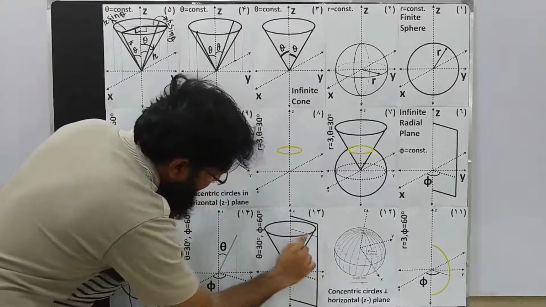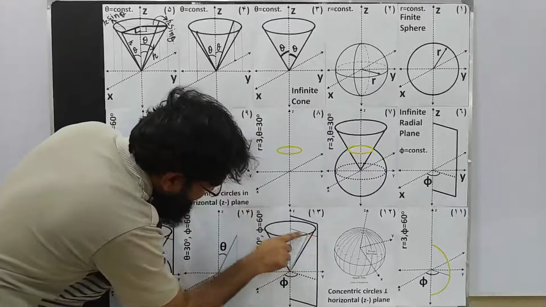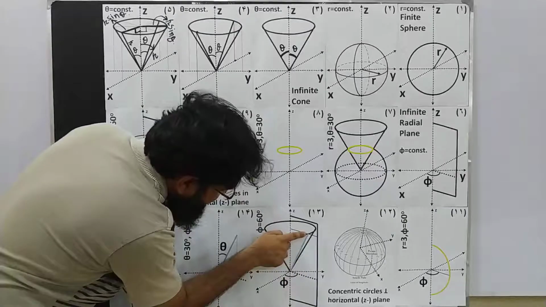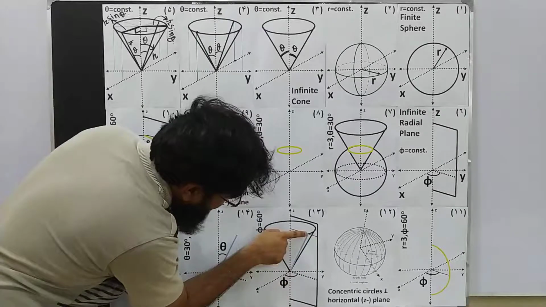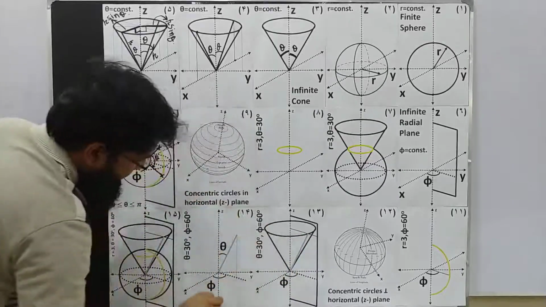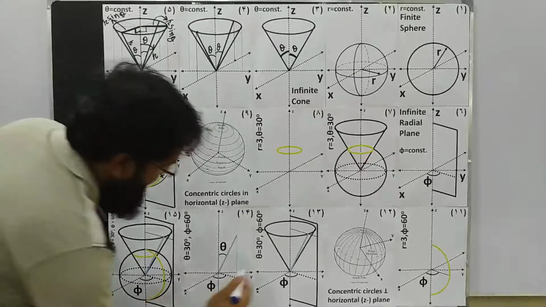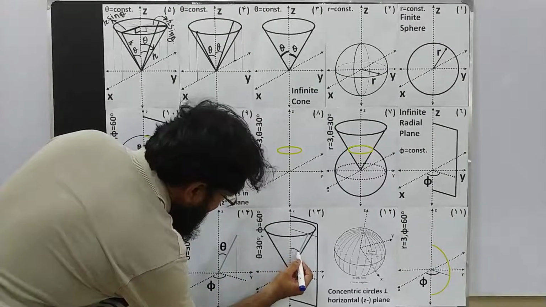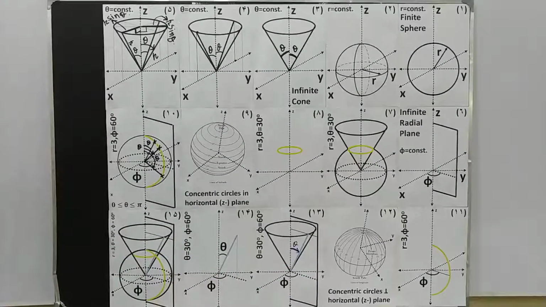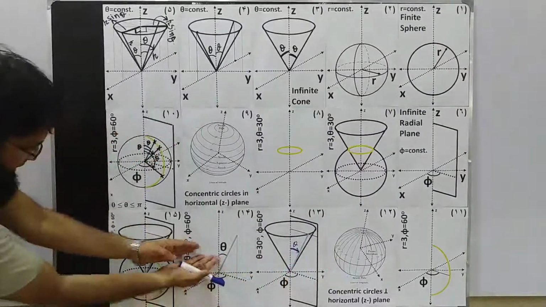Somewhere at infinity, if they are meeting, you will get this point. This horizontal line is on the phi equals constant surface, and wherever this line intersects the cone, connect that point to the origin and you will get the intersection, and that intersection is making an angle theta with respect to the z-axis.